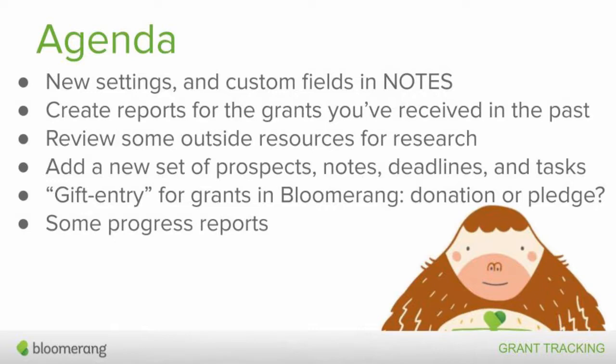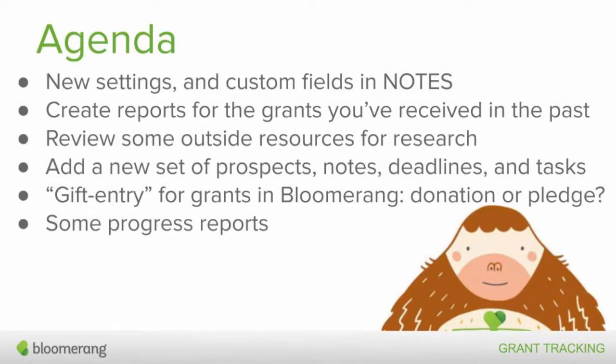I'm going to create a basic report, a couple different ways for looking for the grants that you've already received. If you're taking this class, you're probably getting ready to start keeping track of your grants in a more detailed way than you've done in the past, which means that system isn't in place yet. So you really can't use what I'm going to teach you today to find your old stuff.